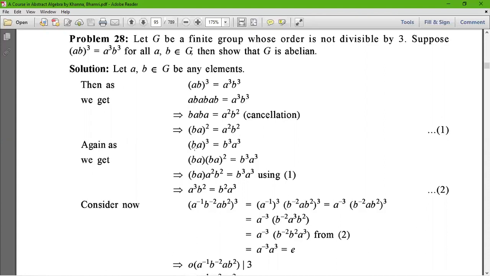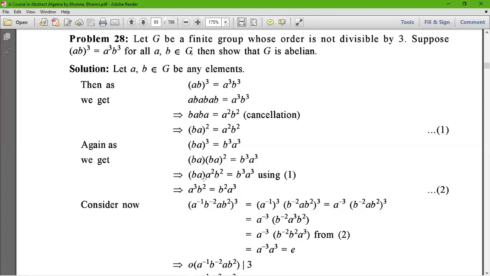Again, we take (ba)^3 = b^3 a^3. Then we can write ba into (ba)^2 equals b^3 a^3, and again ba into a^2 b^2, because (ba)^2 is equal to a^2 b^2 in equation 1. Then we get ba into a^2 b^2 equals a^3 b^3 by using 1.